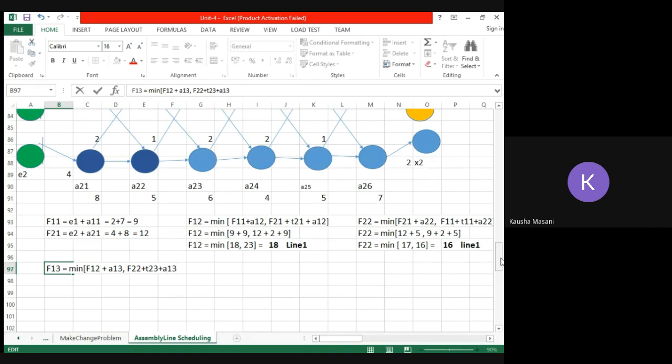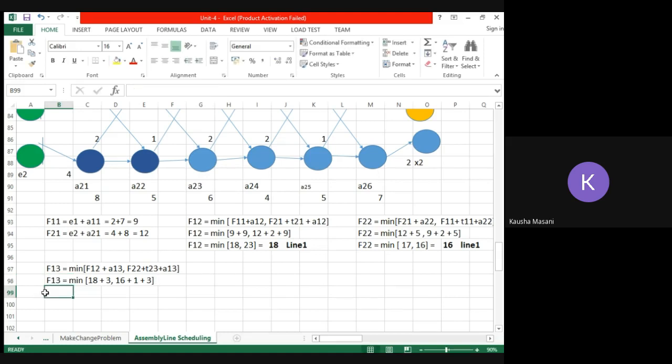Okay. F13, minimum of F12, the value is 18, plus A13, the value is 3. F22 value is 16 plus T23 value is 1 plus A13, the value is 3.